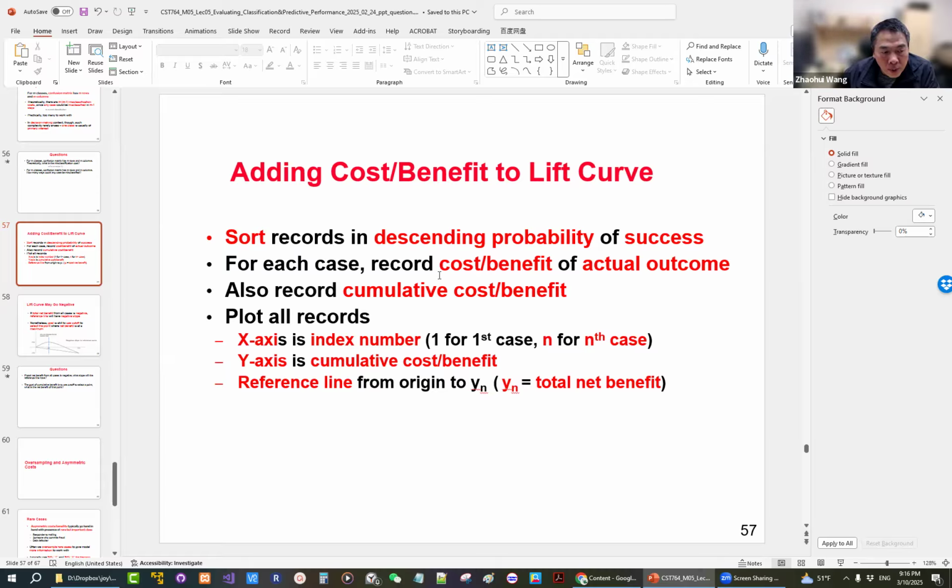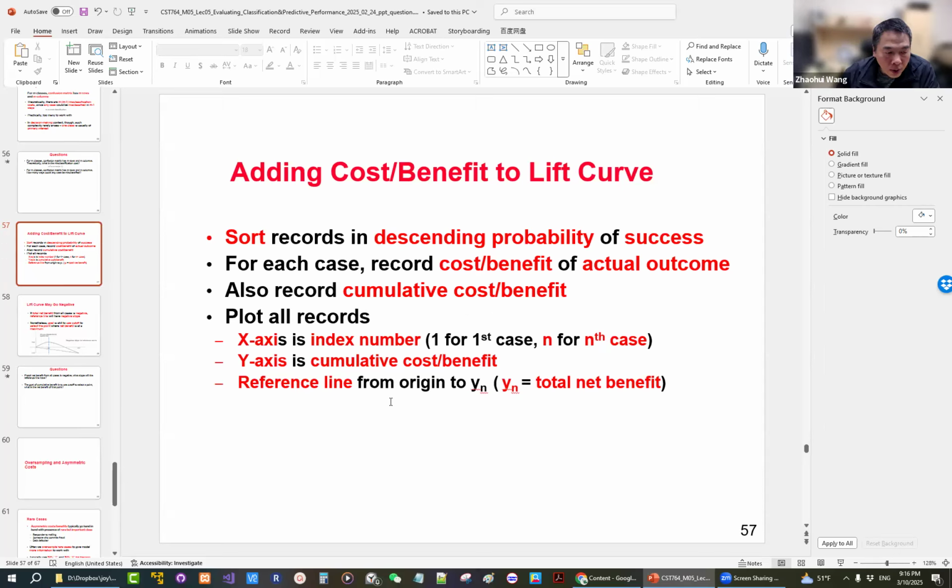For every case, we record the cost benefit of the actual outcome. Then we calculate the cumulative cost and benefit.